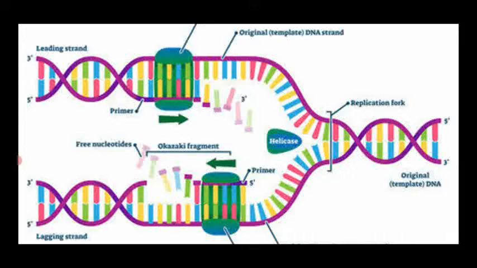With the help of this RNA primer, the different polynucleotide sequences are connected in the newly formed growing DNA strand. These DNA polymerases are different enzymes: alpha, delta and epsilon. So this is the replication fork of DNA.